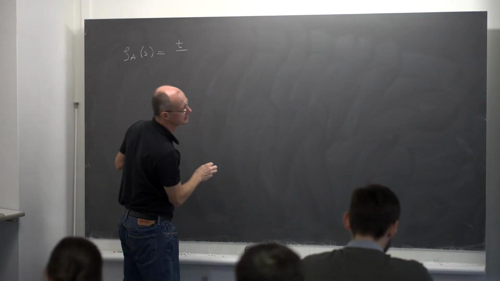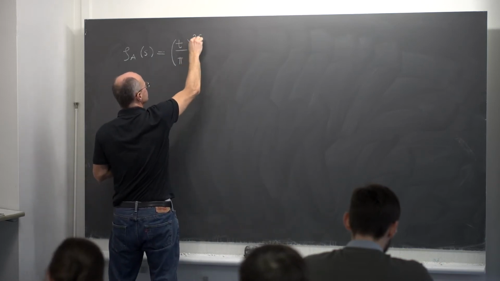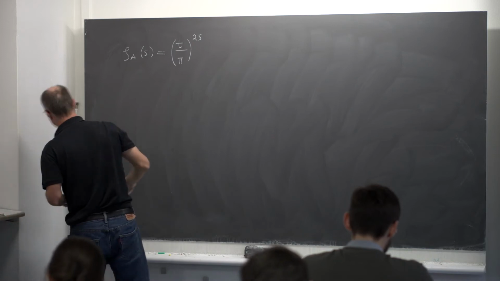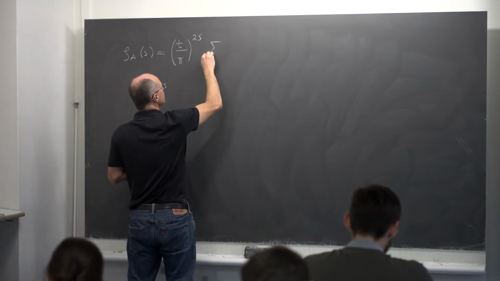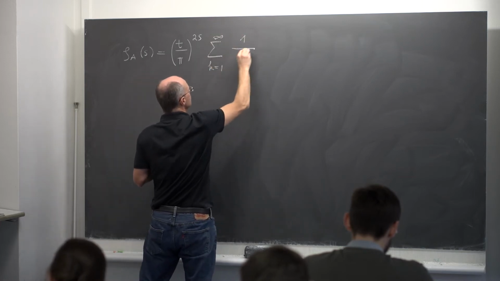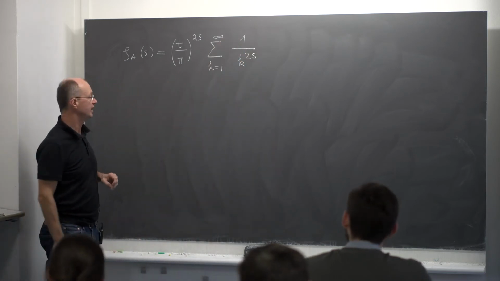It is t over pi to the power 2s, and then the sum over k from 1 to infinity of 1 over k to the power 2s.